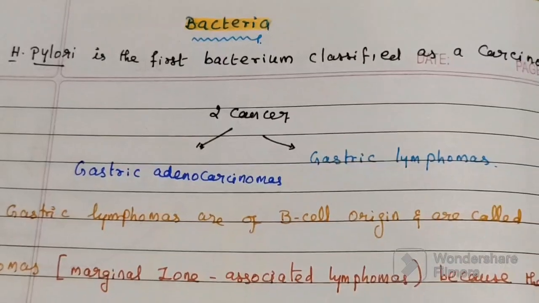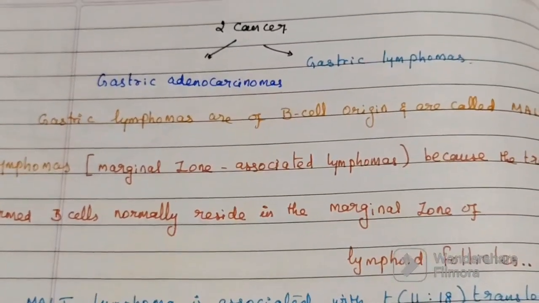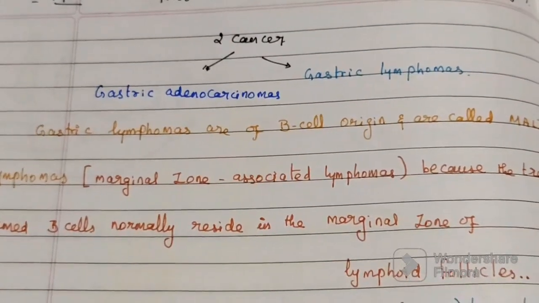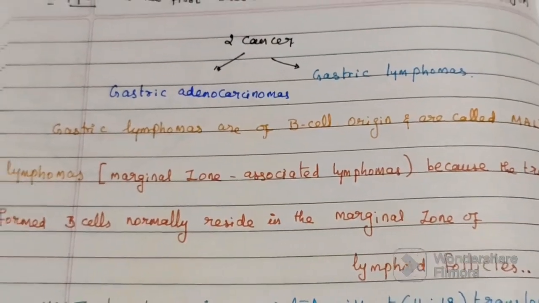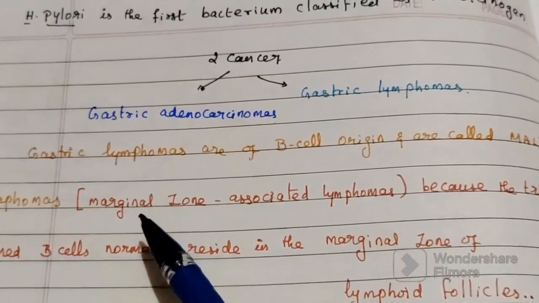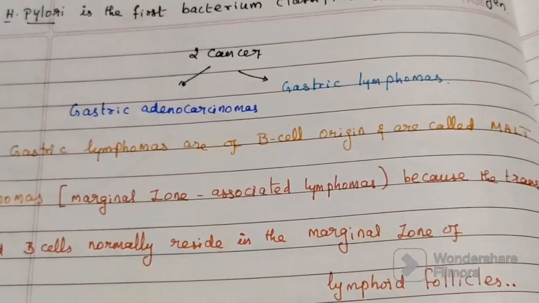The lymphoma caused by H. pylori in the stomach is a B-cell lymphoma. The name of the lymphoma is MALT lymphoma. What is MALT? Marginal zone associated lymphoma.